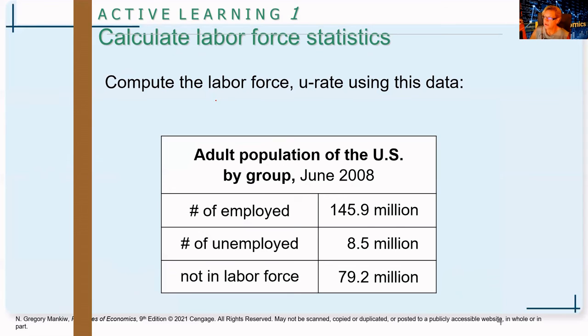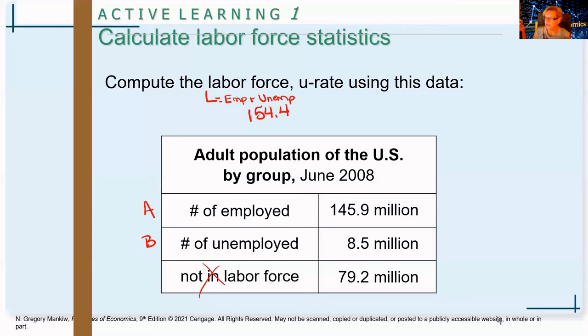Remember, the labor force is equal to the number of people employed, I'll call that A, plus the number of people unemployed, and I'll call that B. We do not look at not in the labor force in this particular scenario. So 145.9 plus 8.5, how about 154.4? Okay, so now we know our labor force.